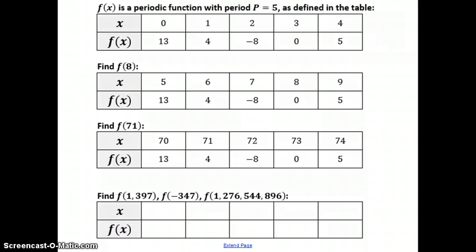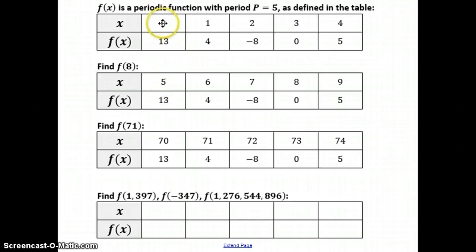If we think about periodic functions, let's suppose we have a function f of x that's periodic, and its period is 5, and it's defined by this table. So we could use this table alone to define the function because the distance 0, 1, 2, 3, 4, we have 5 values here, and we know that when we get to 5, we're going to repeat the same values.